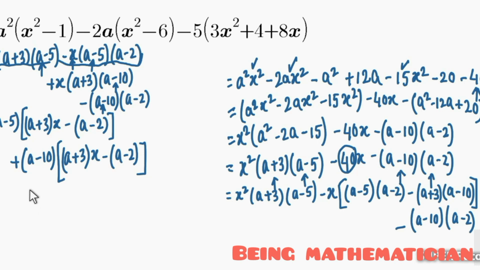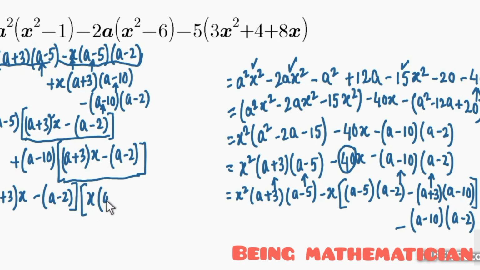So now this is the common factor of these two expressions. So we take common (a + 3)x − (a − 2), and now we have the remaining terms x(a − 5) + (a − 10).